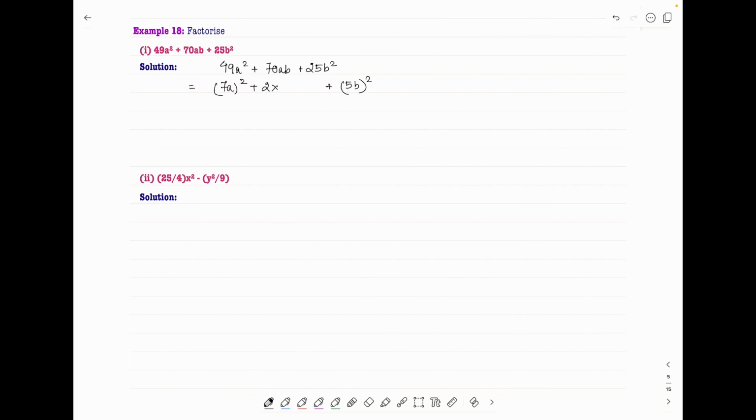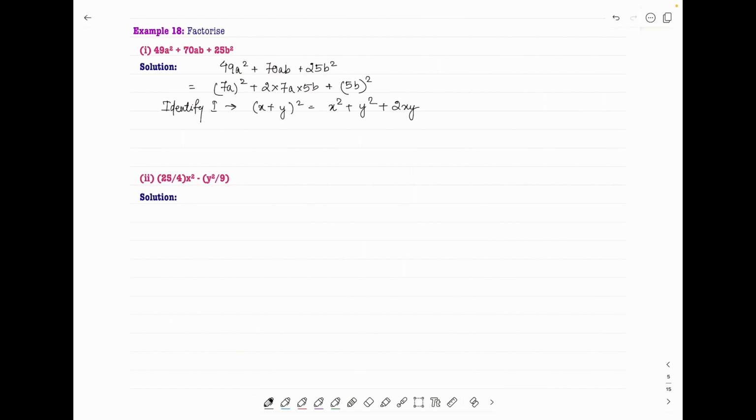70 can be written, in terms of 7a and 5b, as 2 into 7a into 5b. 2 into 5 is 10, 10 into 7 is 70, so 70ab. So I wrote 70ab in terms of 7a and 5b. We know identity 1: x plus y whole square equals x square plus y square plus 2xy.